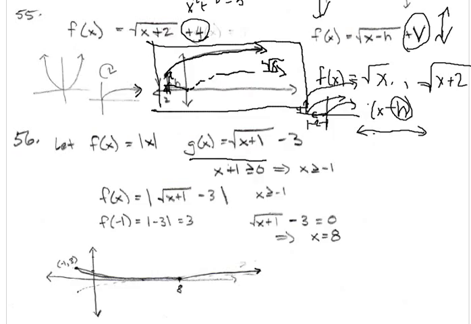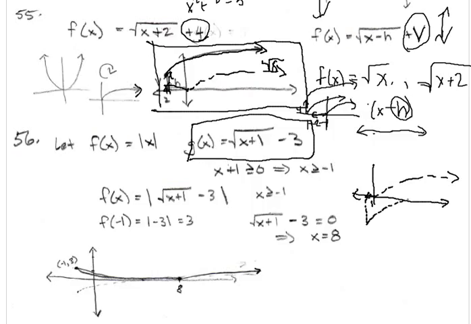So this g of x is very similar to what we saw in problem number 55. It would be the square root of x, which looks like this, only it would be shifted to the left 1 unit and down 3 units. So it would look like something like this.